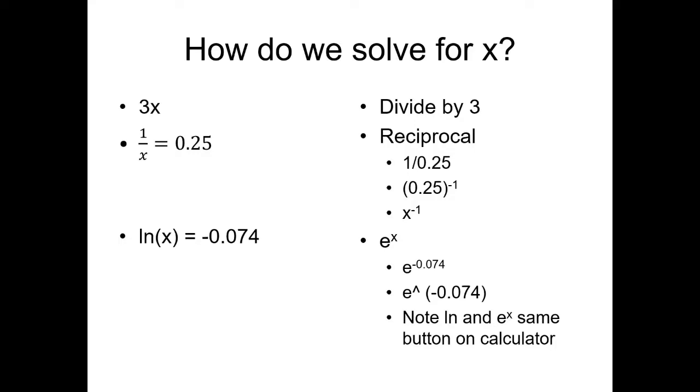Now, these scientific but not graphing calculators usually do a weird thing with logs and with negatives. They reverse themselves. So if I wanted to plug in negative 0.074, I would first plug in the 0.074 and then hit the button that has the plus and minus.